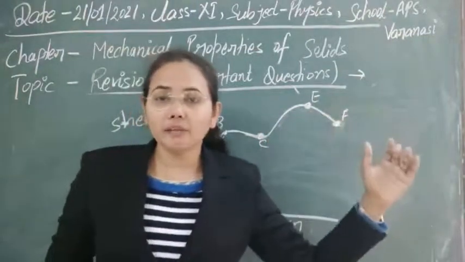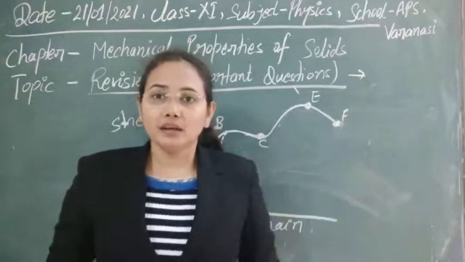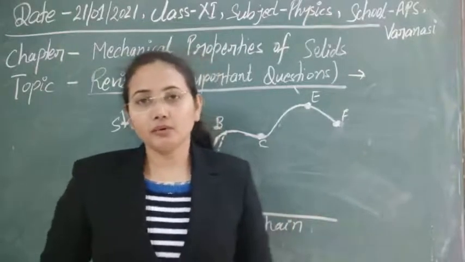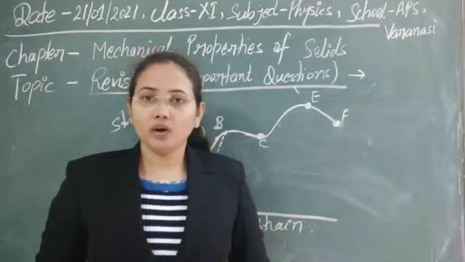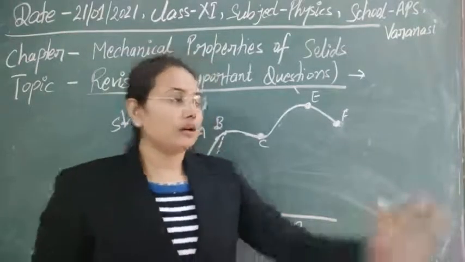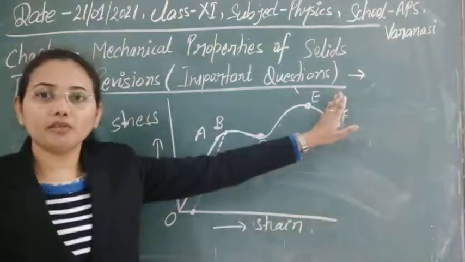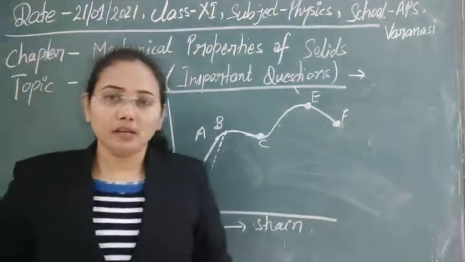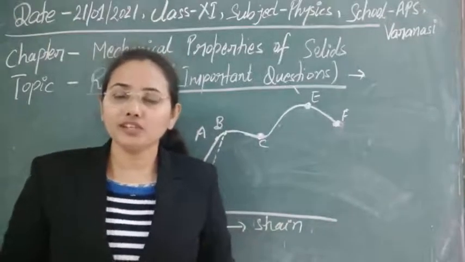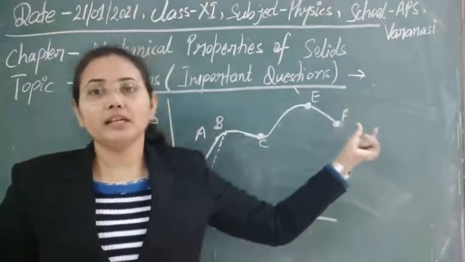Up to that limit it can yield, but after that if we apply some force, it cannot retain its shape and will break. So if we want to break any wire by stressing it, we have to apply stress beyond its yielding limit.